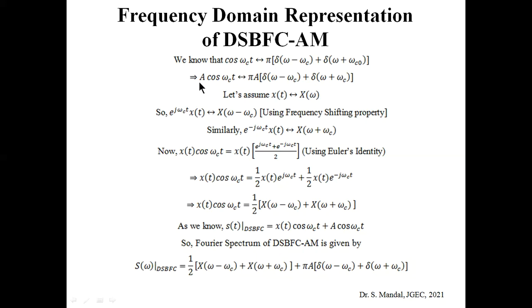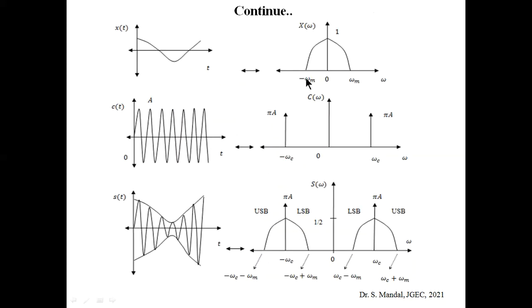Now in case of DSBFC we are using a cos omega ct. So the Fourier transform of a cos omega ct can be written as pi a into delta of omega minus omega c plus delta of omega plus omega c. This is the corresponding frequency domain representation of the carrier signal. This is the carrier signal in the time domain, which is continuous in nature.